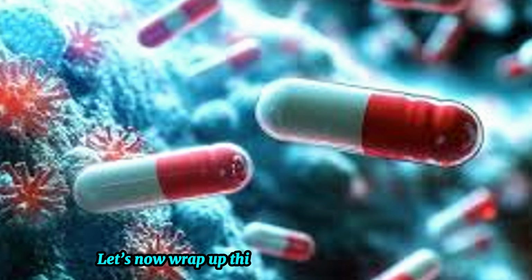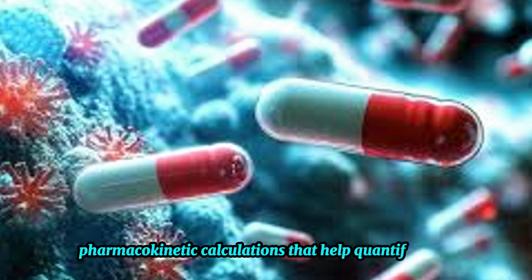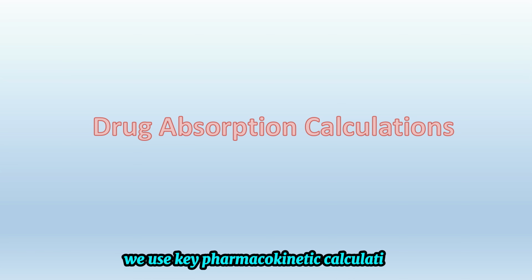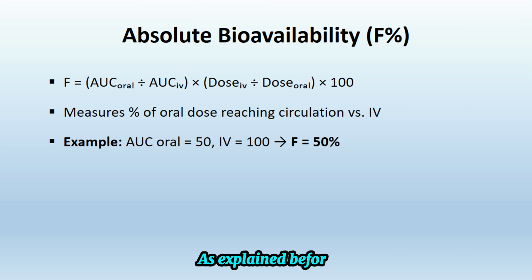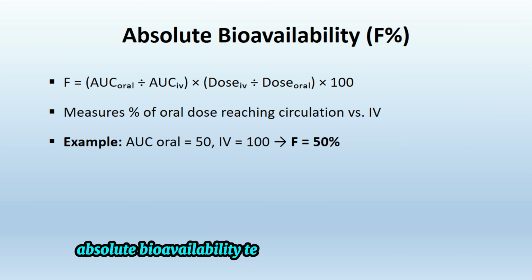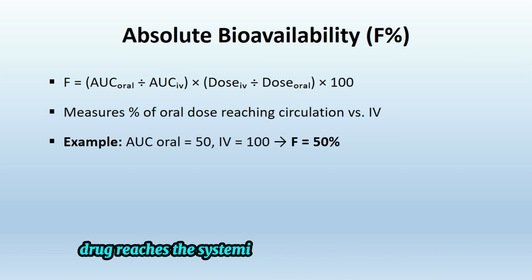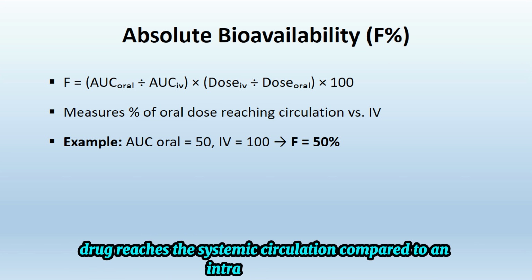Let's now wrap up this section with a look at key pharmacokinetic calculations that help quantify drug absorption. Drug absorption calculations. To truly understand absorption, we use key pharmacokinetic calculations. As explained before, absolute bioavailability tells us how much of an orally administered drug reaches the systemic circulation compared to an intravenous dose.